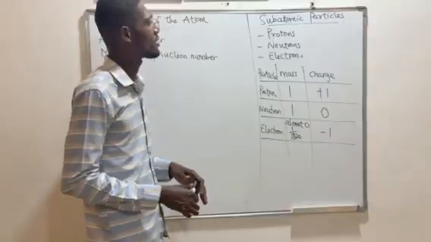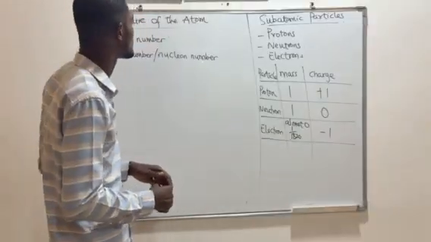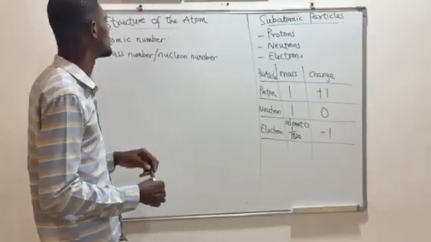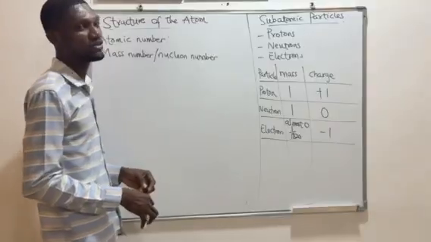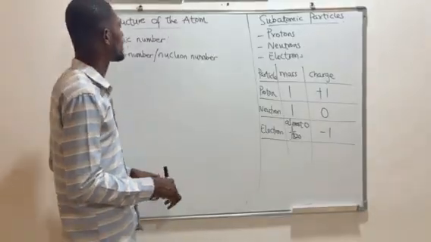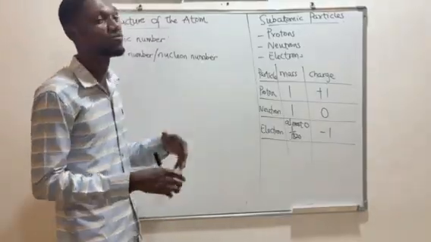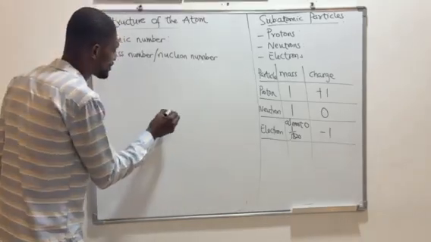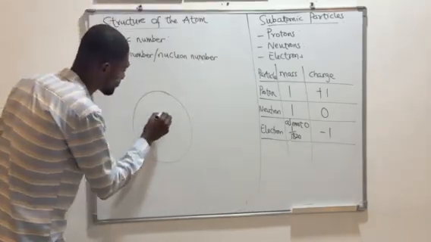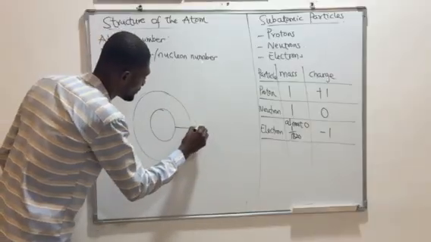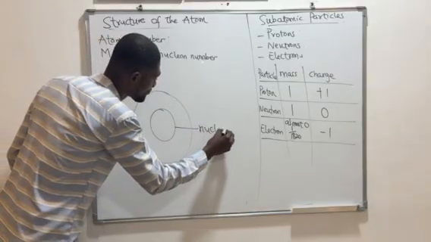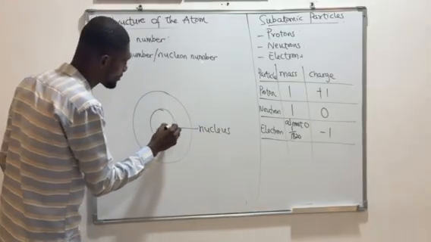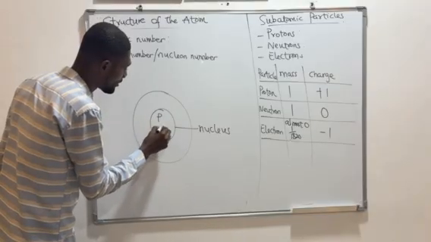Knowing the characteristics of the subatomic particles, there are other terms that you need to know. The first one is the atomic number. The atomic number refers to the number of protons in the nucleus of the atom. So if you take the structure of the atom, the nucleus has the protons and the neutrons.